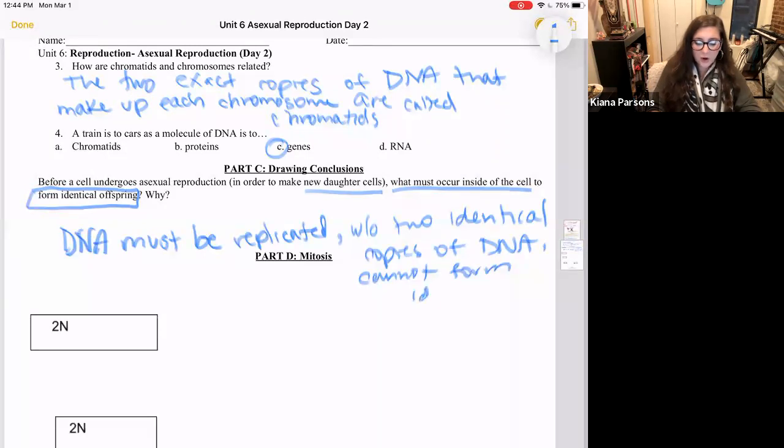And in class on Tuesday, we're going to watch an animation of mitosis actually go through. And so we don't need to memorize the cells really, but just know that the majority of a cell's life cycle, it is undergoing some part of the cell cycle.